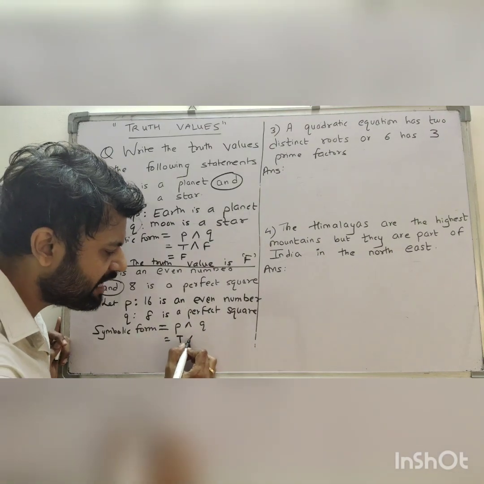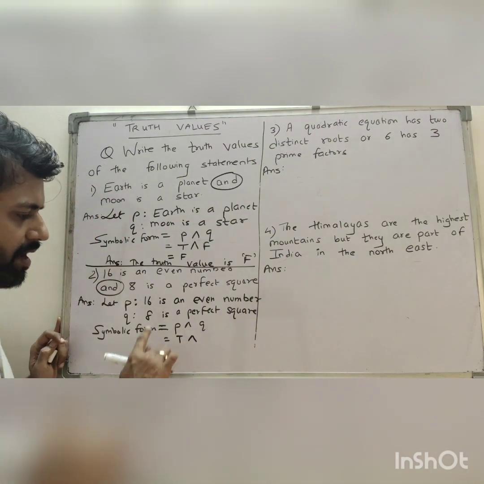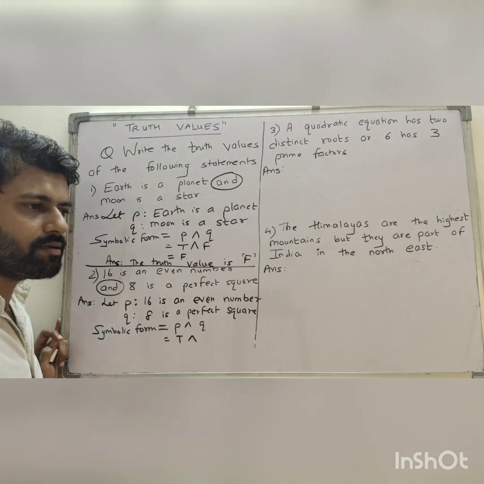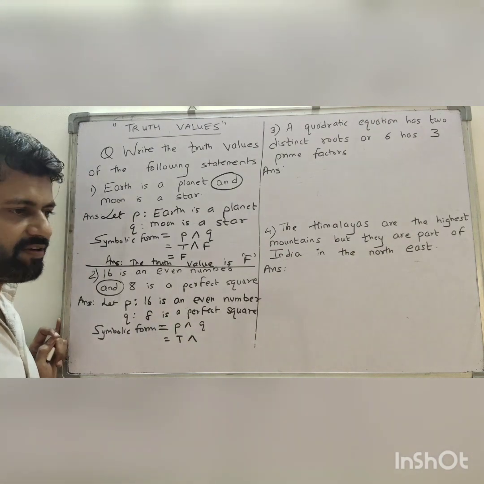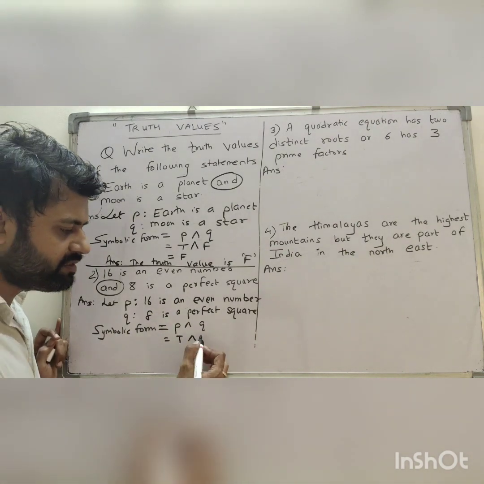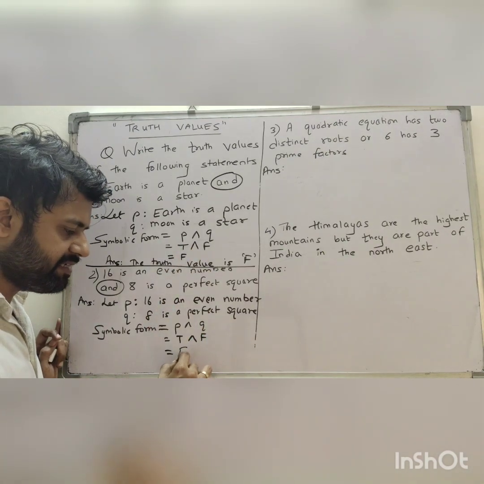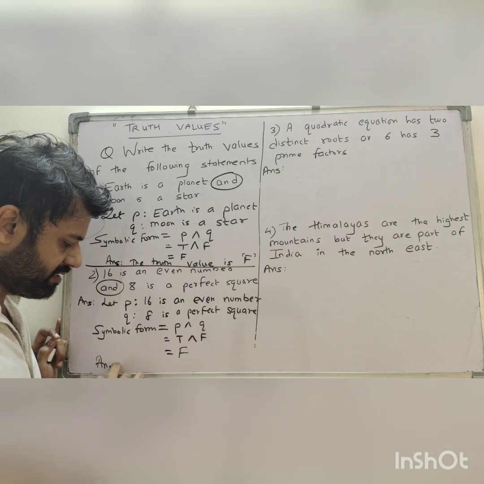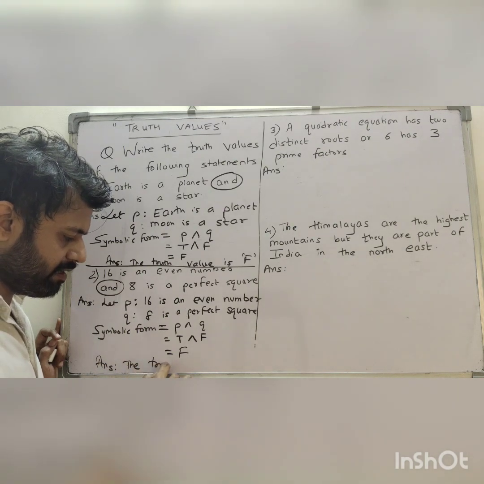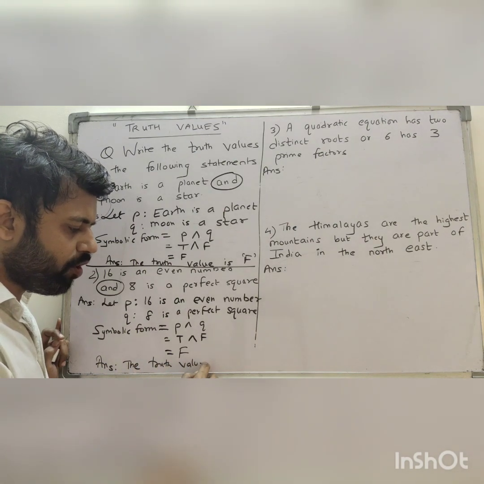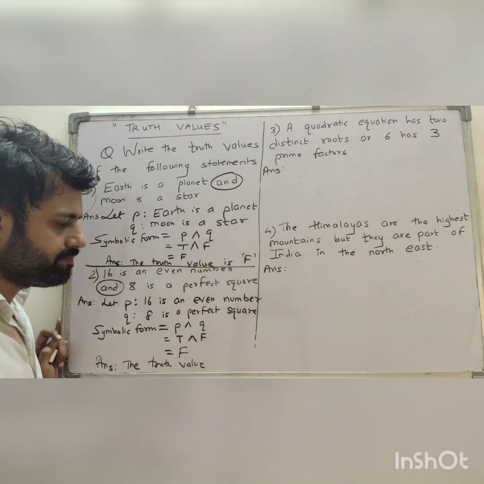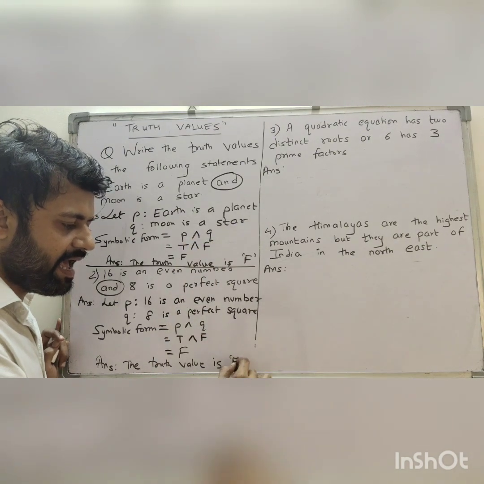Yes, that is a true statement. And 8 is a perfect square? No. 64 is a perfect square. It is not. This is a false statement. T and F. The answer is F. The truth value of the given statement is F.